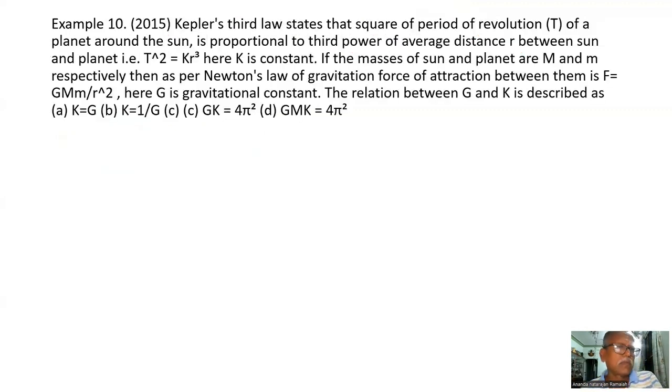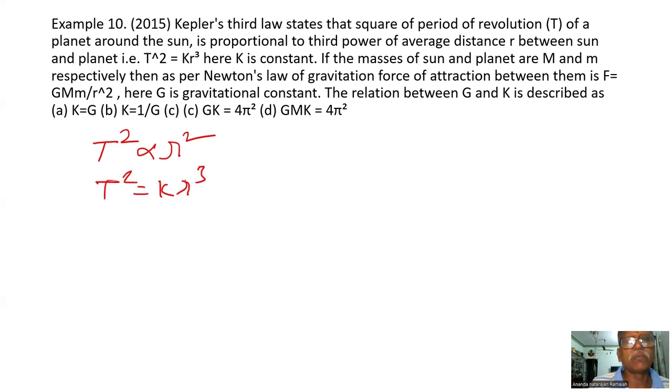Okay. Kepler's third law states that square of the period T square of a planet around the sun is proportional to third power of average distance radius between the sun and the planet. T square is proportional to R cube, or T square equal to K R cube, where K is a constant.